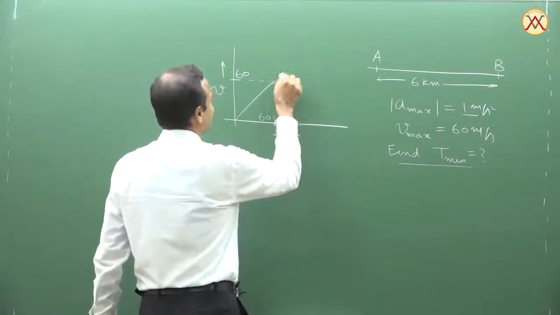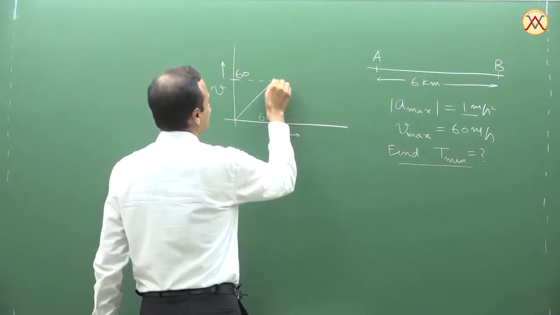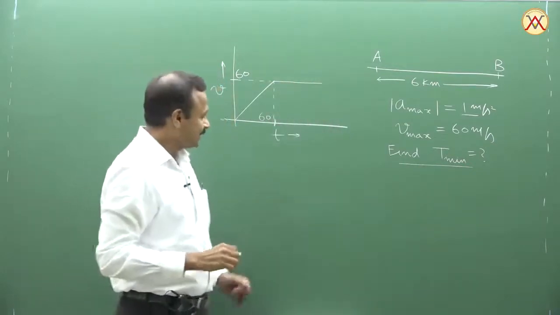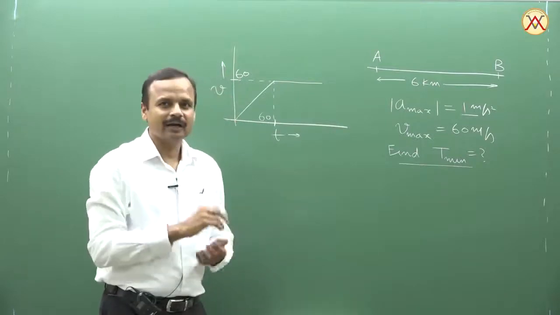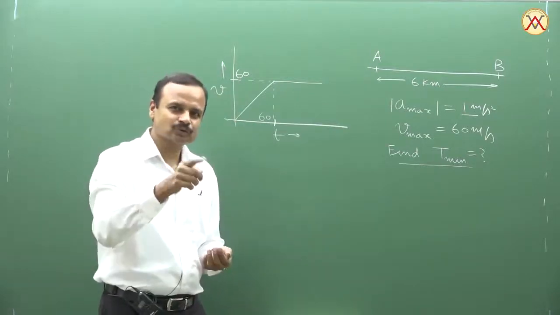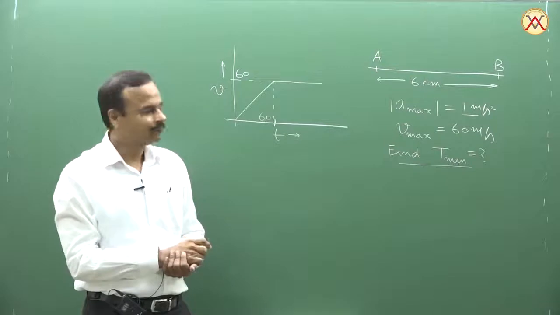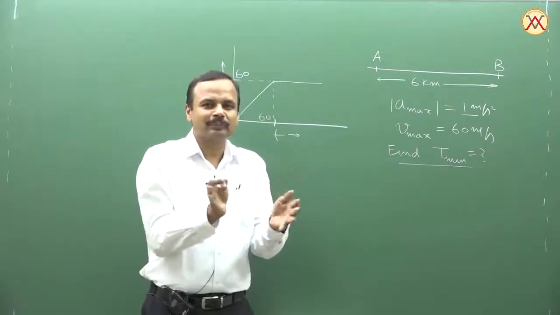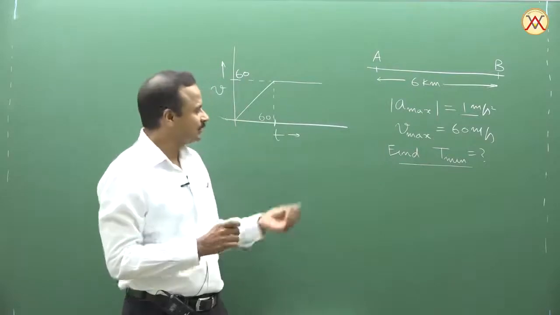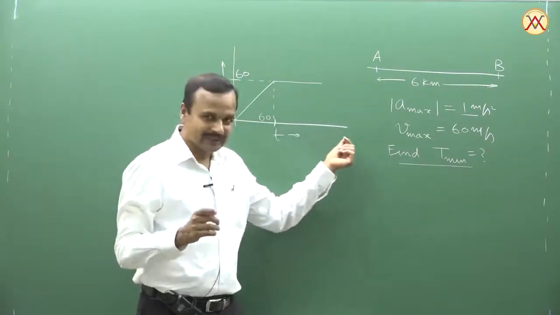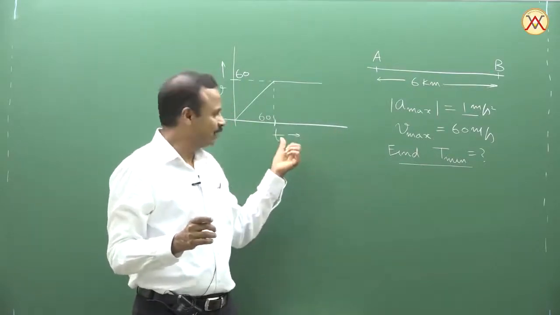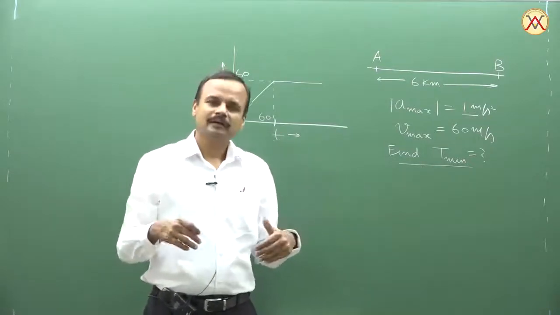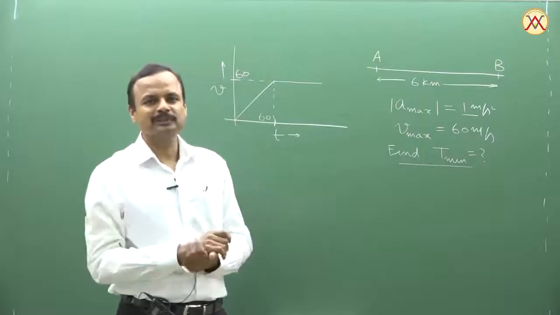Now, it cannot accelerate further, so it will move with this maximum speed, but then it has to retard because it has to stop at station B. So the stopping time we will try to minimize, because in order to minimize time, we would like the train to move at its maximum speed for the maximum possible time.